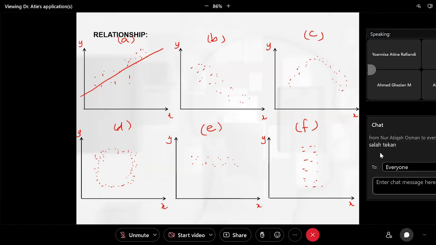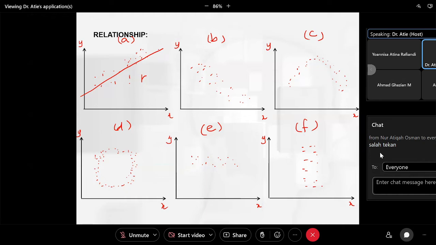Just imagine we want to draw a line that is fair to all the dots in graph A. Then we can see this straight line can create a slope, because it's not horizontal.